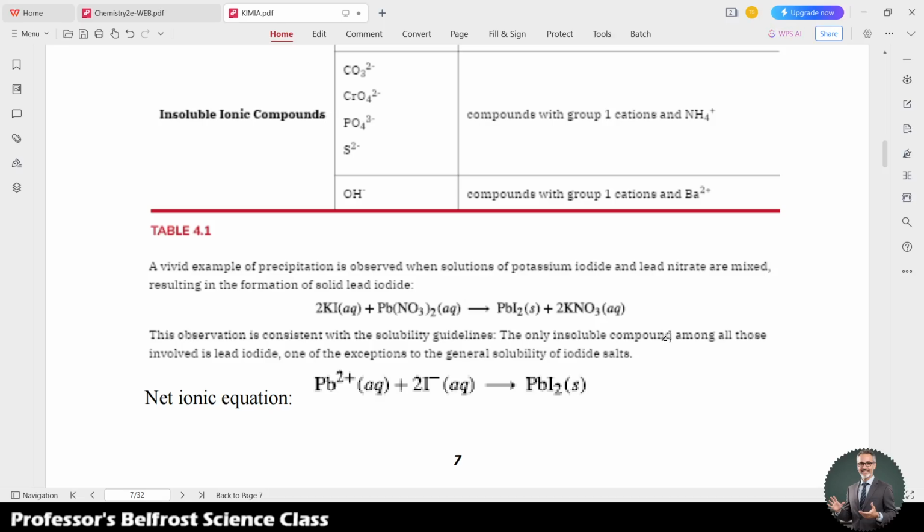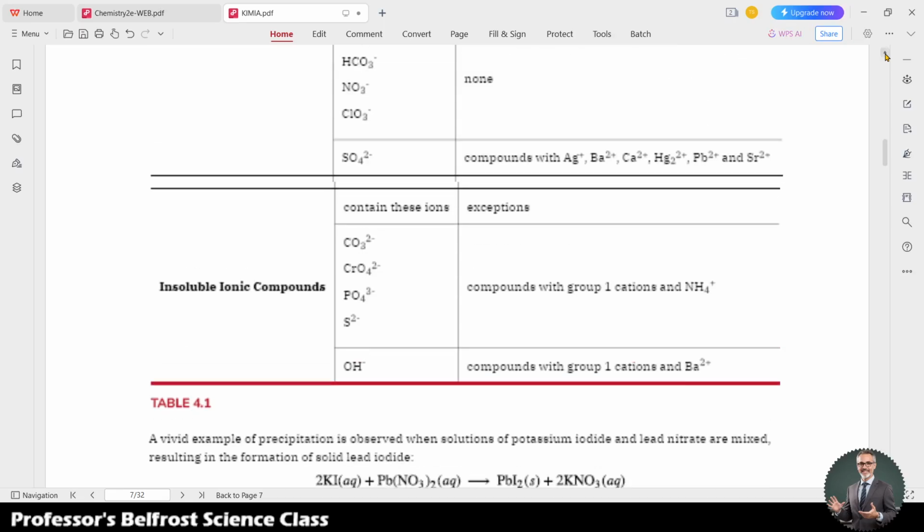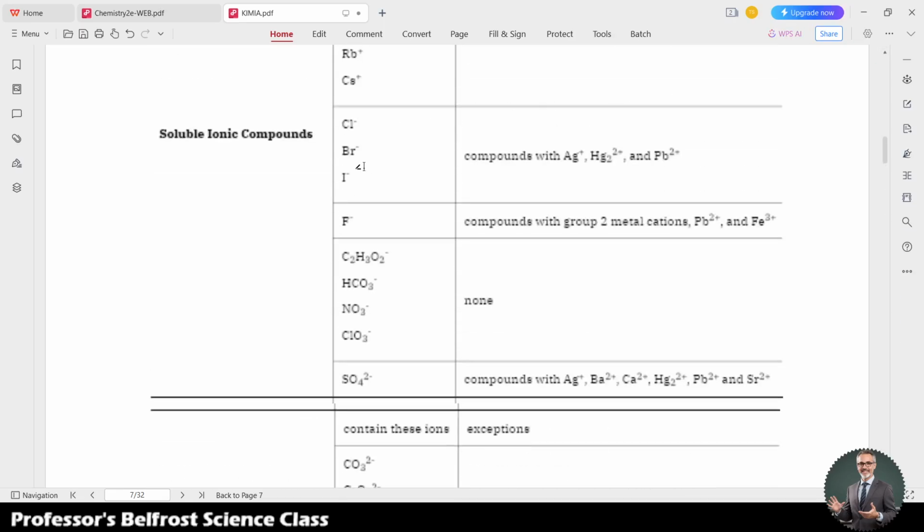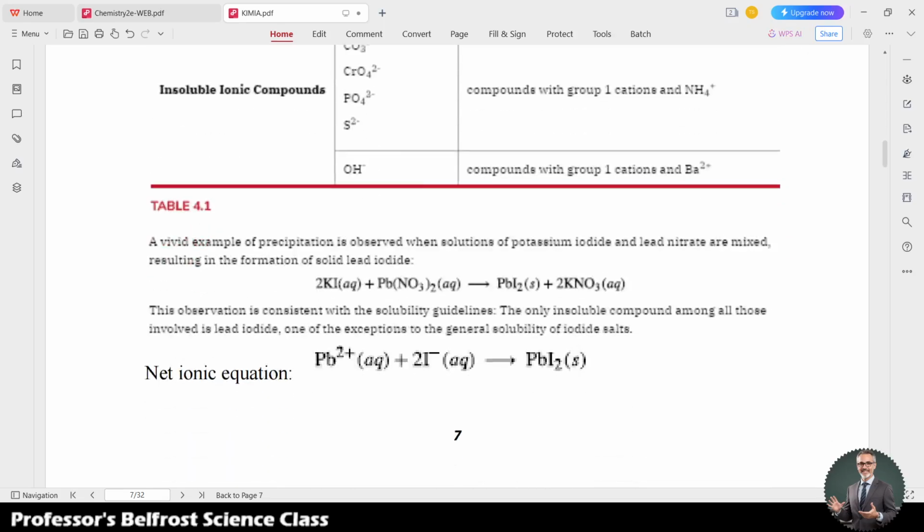The insoluble compound among all of this is lead iodide, one of the exceptions to the general solubility of iodide salts. Why? Iodide salt, I minus, is not soluble because it reacts with Pb2 plus.